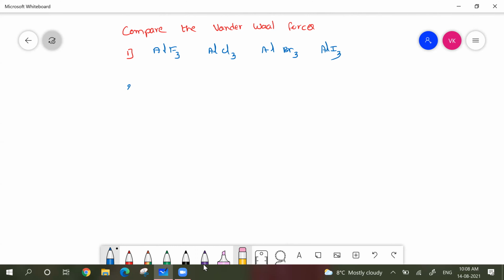Compare the van der Waals forces in the following. First one: AlF3, AlCl3, AlBr3, AlI3. Second question: MgF2, MgCl2, MgBr2, MgI2.